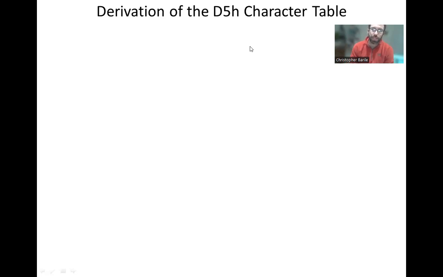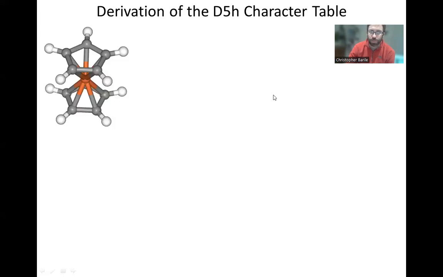They're going to have the same symmetry as any regular polyhedron with that same number of vertices. So for example, just a flat planar pentagon will have D5h symmetry, or something like a cyclopentadienyl ligand by itself, an anion by itself, would have that symmetry, or ferrocene, which is an iron atom coordinated to two cyclopentadienyl ligands.